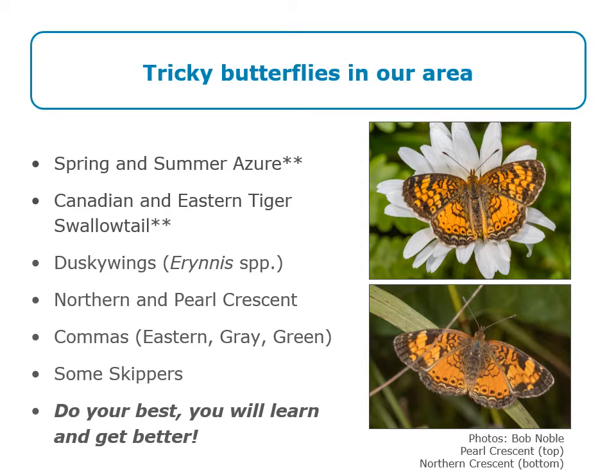Many dusky wing species are very difficult to tell apart, and the commas can also be difficult, although not as hard as maybe some of the dusky wings and crescents that I mentioned above. Finally, some skippers can be very hard, especially if you don't get photos from multiple angles. All I can say for these species is do your best. You will learn and you will get better, and know that for some of these groups, not even the experts can tell them apart from a photo.